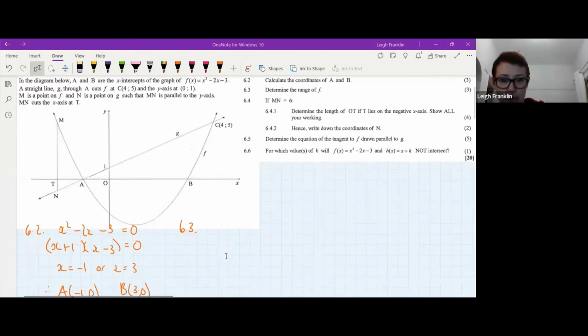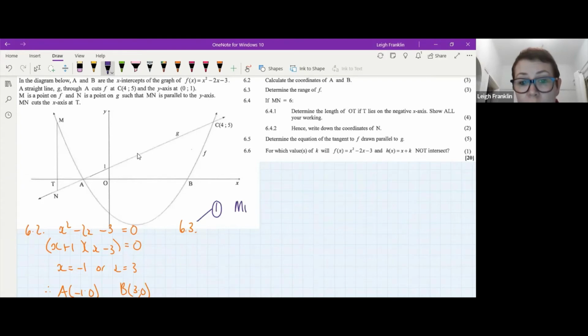Can you guys tell me? There are 3 things you could do with the information that you have at your disposal now. Did you know that there were 3 ways that you could do it? So way number 1, you could use the midpoint formula.